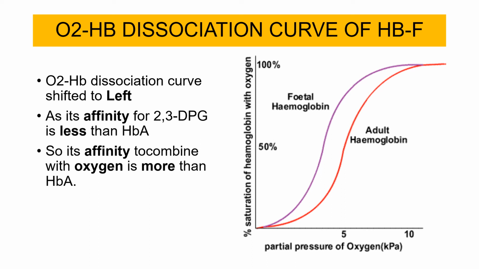Since fetal tissues have less requirement of oxygen, this affinity of fetal hemoglobin for oxygen is sufficient to take up oxygen at lower partial pressure, and the amount of oxygen given to the fetal tissues is also sufficient. Okay, but fetal hemoglobin will not be able to suffice in adult life.